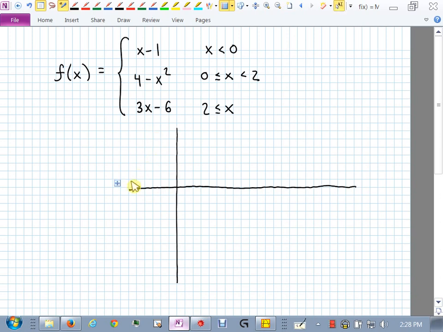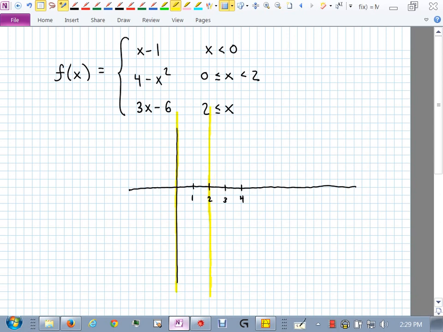So how many pieces do we have for this function? 3, right? Our lines of separation are at 0, and then let's say 2. Let's say 1, 2, 3, 4.